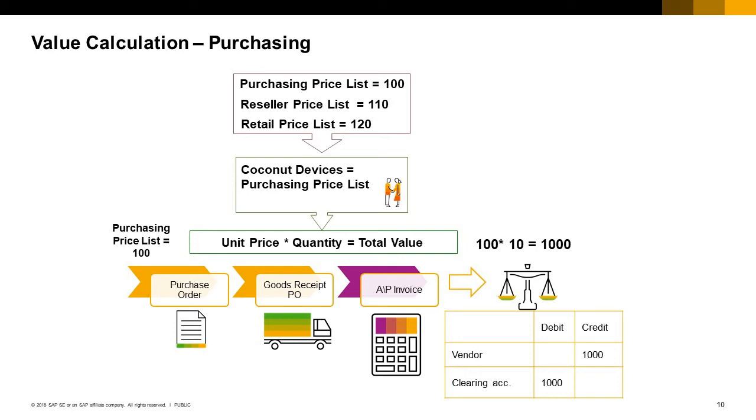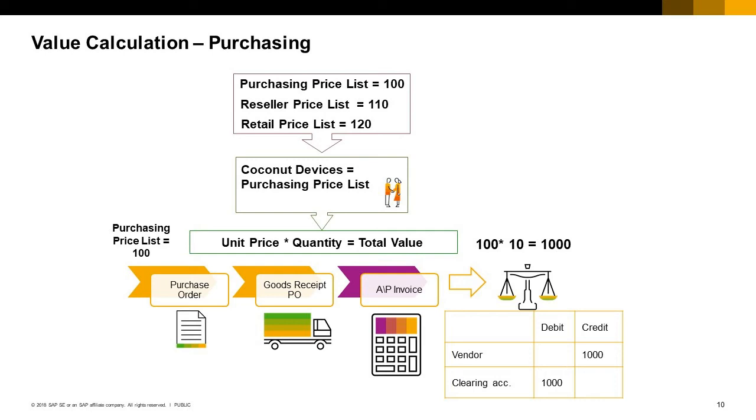Therefore, in the purchase order, the unit price for portable media player is 100, the price from the purchasing price list for the portable media player item master data. Joe enters a quantity of 10. The total value of the purchase order is 1000, assuming there are no additional items in the purchase order and that no discount, freight charges, or tax amounts are added.